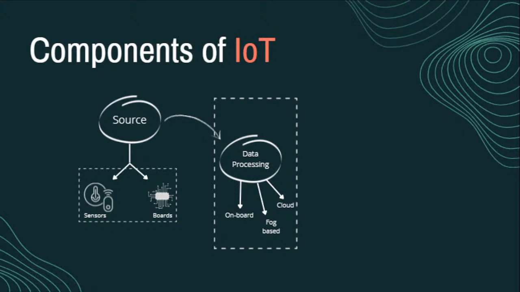After we collect the data from the sensors and board collectively, we either compute it on board, fog based, or cloud. The third and last component is visualizing or decision making. When we collect these data and process them, either we visualize to see trends or we make decisions based on them.